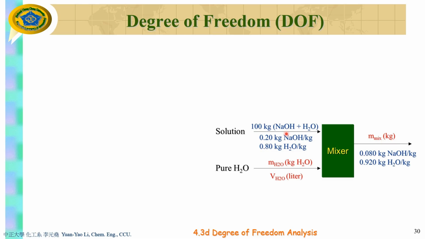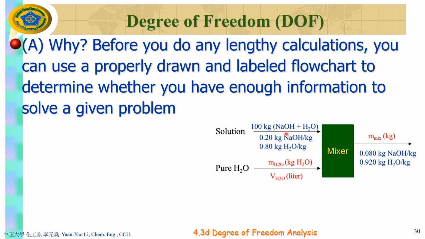But what happens if I give you a more complicated question? Then you want to start to do calculation, or you want to know whether this problem can be solved or cannot be solved. Well, this is important because, before you do any lengthy calculation, you can use a properly drawn and labeled flowchart to determine whether you have enough information to solve a given problem.